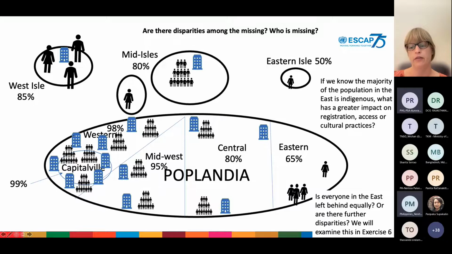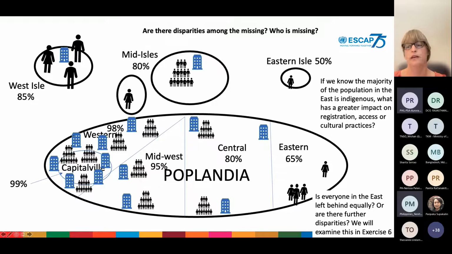So is everyone in the East being left behind equally? Do we see 65% registration among Indigenous and Marzians, or is there a differential also within ethnicity? Because that means that there might be some other factors going on. And we'll look at this again as part of our exercise, but it's just something to think about.